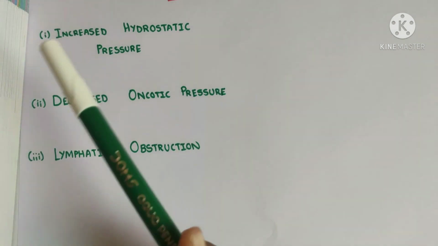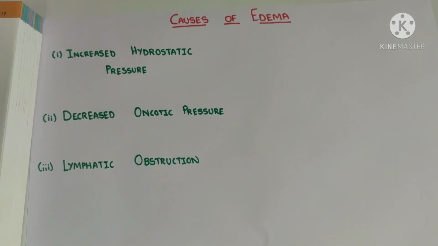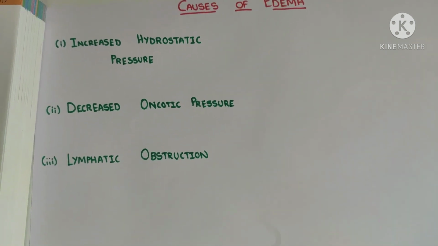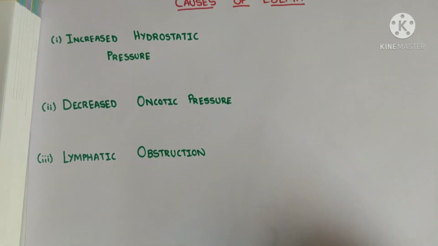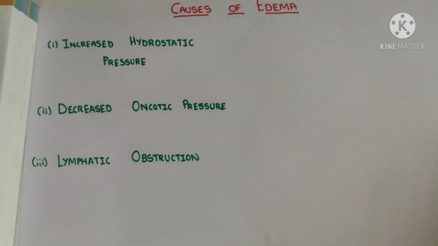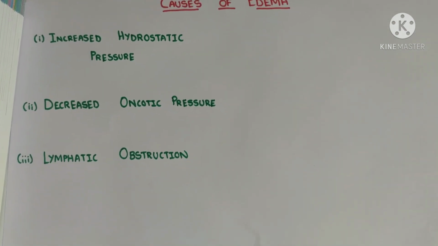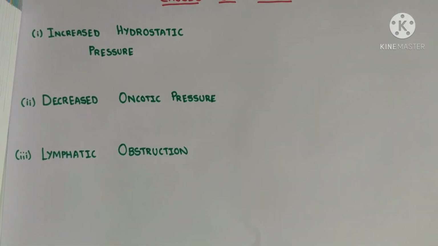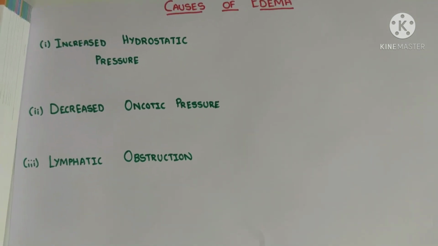That is, when there is increased hydrostatic pressure at the arterial end, it will push more water outside the vessel. Another reason is decreased oncotic pressure at the venous level. That is, if oncotic pressure is reduced, the attraction for salts and water will be reduced. And if lymphatic obstruction occurs, it will not be able to clear out the remaining fluid.